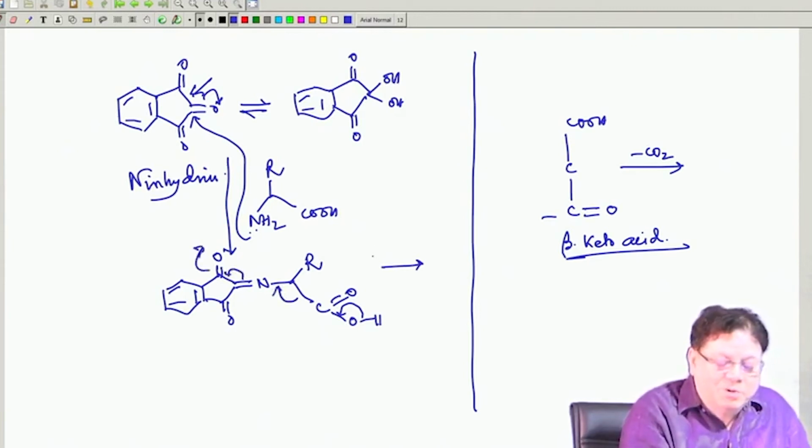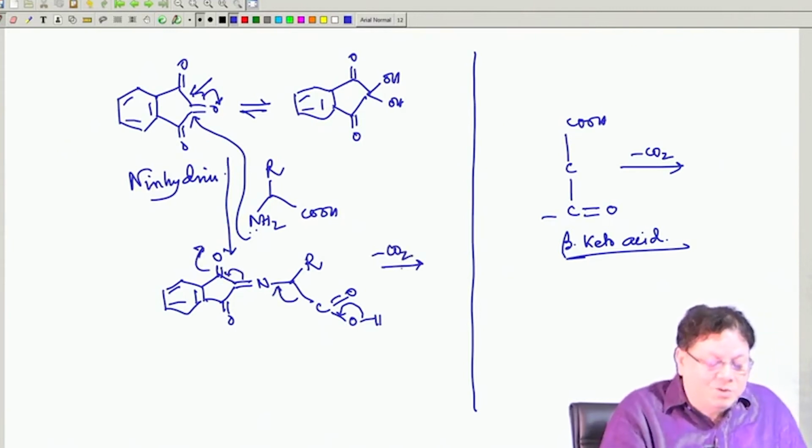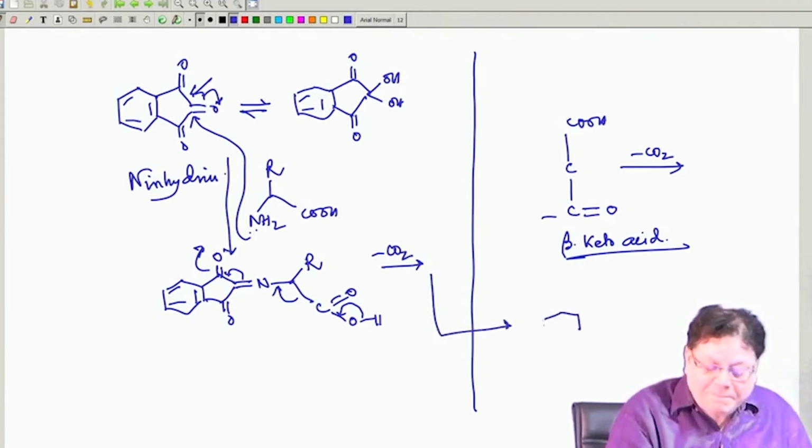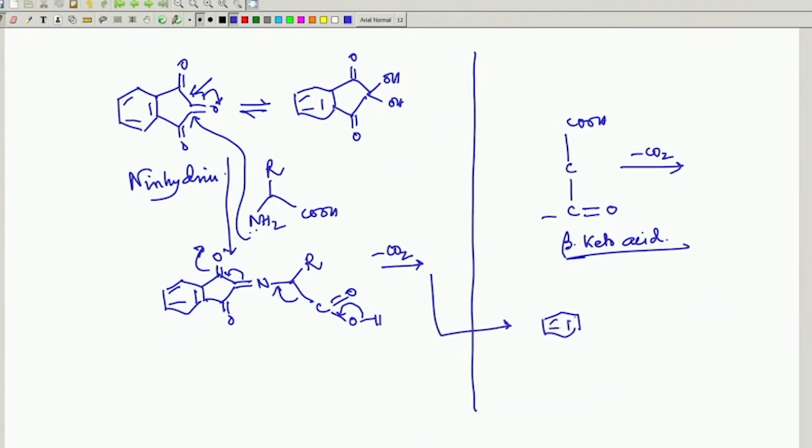So, it loses carbon dioxide, and as it does, what is formed is this O minus, and then you have this N. This is a very good way of decarboxylating amino acids. Because decarboxylation is not very easy.